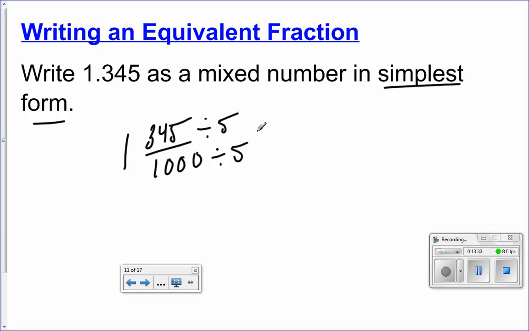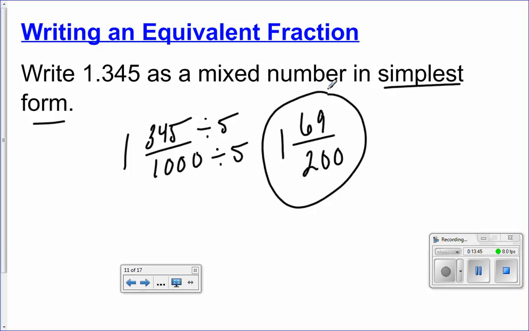Using your calculator, 345 divided by 5 is 69, and 1,000 divided by 5 is 200. And I have a 1, so my answer is 1 and 69 over 200. I know this is simplified because I cannot divide the top and bottom by any other number.